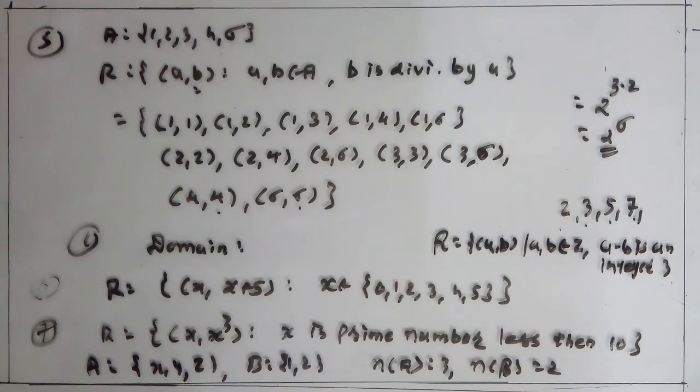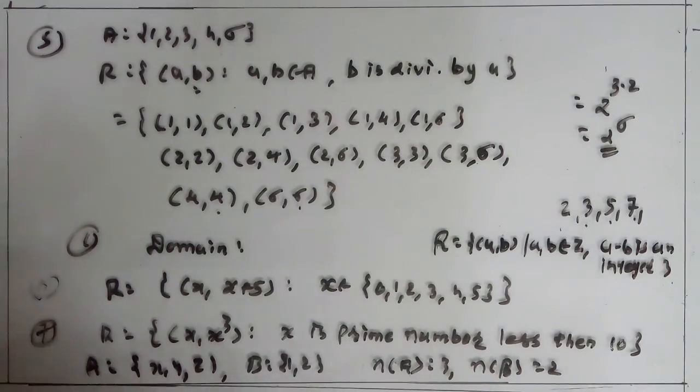So domain becomes Z, and codomain becomes also Z, and the range is also Z. Clear? Because for every integer difference becomes an integer. Clear?